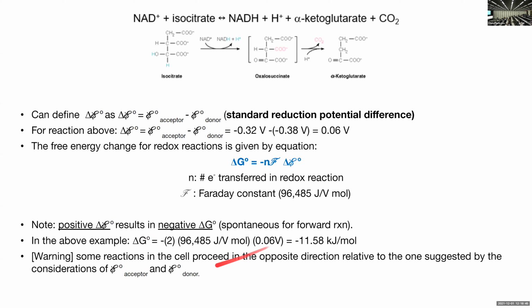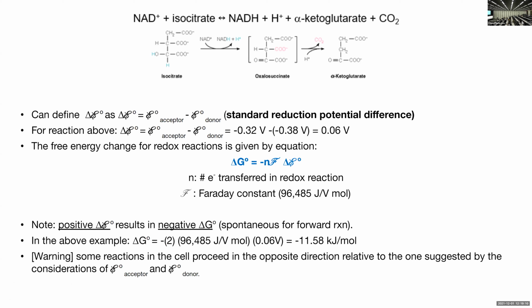And here's a little warning: some reactions can happen in the opposite direction to that suggested by this consideration of the delta E naught value. That is because some reactions can happen with other reactions involved too.